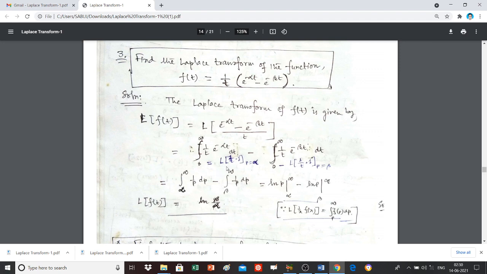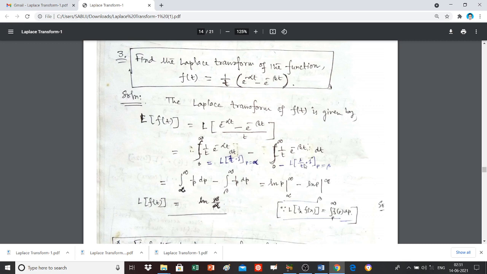So you know that another formula was there, that is the Laplace transform of 1 by x f(x) is equal to the integral from p to infinity of f(p) dp. So this term and this term are similar. So the Laplace transform of 1 by t into 1 at p equal to alpha can be written as, since p is equal to alpha, the limit should be alpha to infinity, then 1 by p dp, because you know that the Laplace transform of 1 is 1 by p.